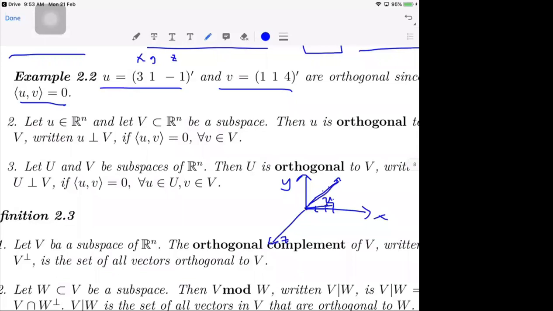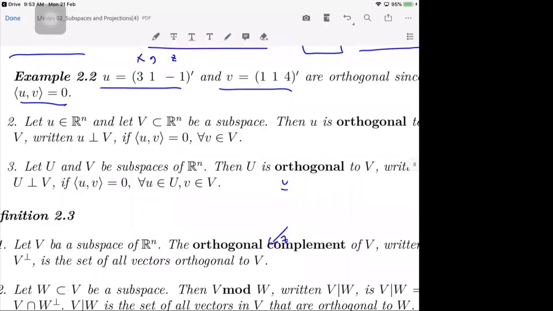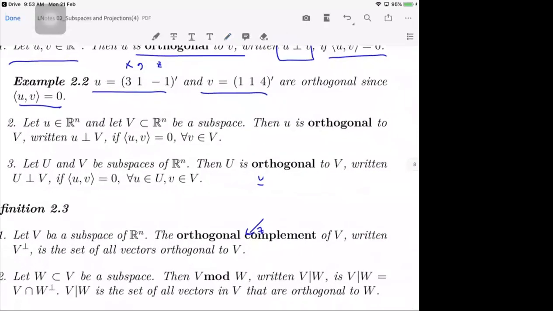I am not good at drawing, but we expect that these two form a right angle in a 3-dimensional space. So you have to do some rotation of this to see it, because it is 3-dimensional. What I drew is only 2-dimensional, but this is a 3-dimensional space. But in the space, these two vectors are orthogonal, or they form a right angle.